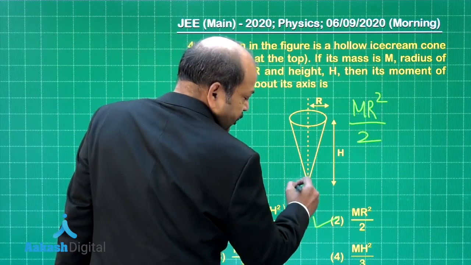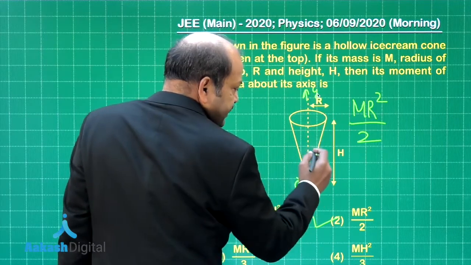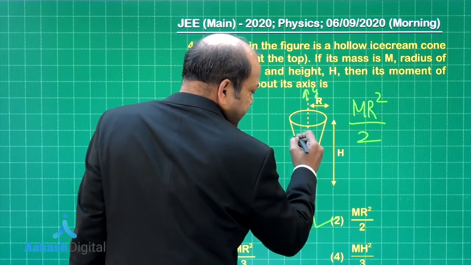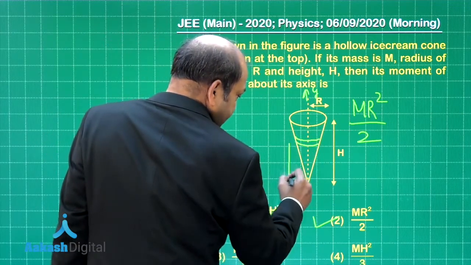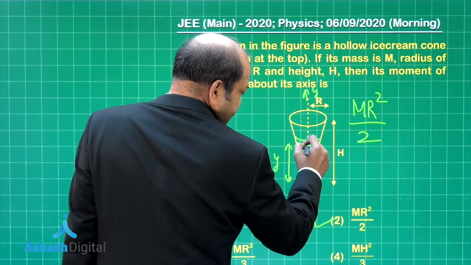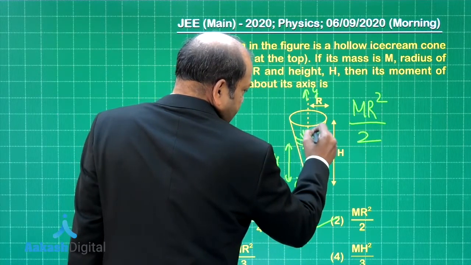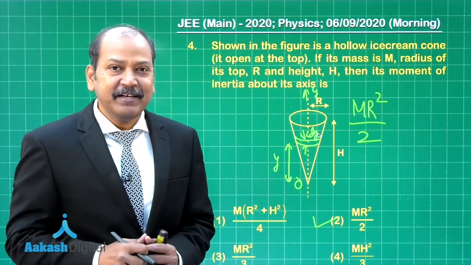We can take origin here, call this as the y axis, go to y distance and take an element which will be shaped like a ring. Okay. So, this distance is y, and let us say that this vertical distance in fact is dy. So, now this element is shaped like a ring.